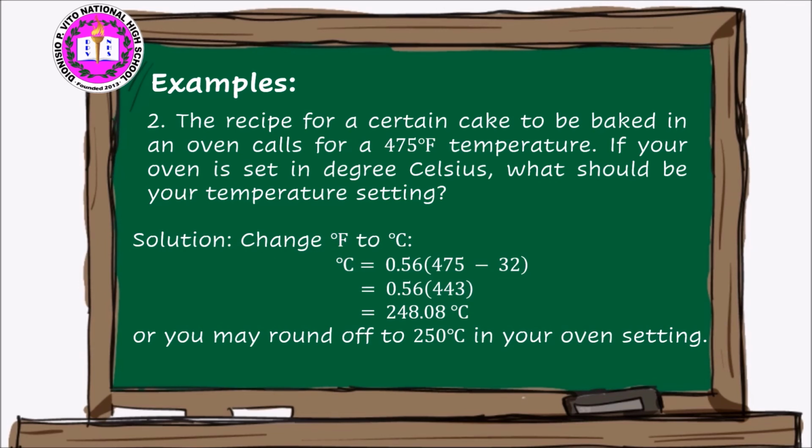Degree Celsius is equal to 0.56 times 475 minus 32. 475 minus 32 is 443. Then 443 times 0.56 is equal to 248.08 degrees Celsius, or you may round off to 250 degrees Celsius in your oven setting.